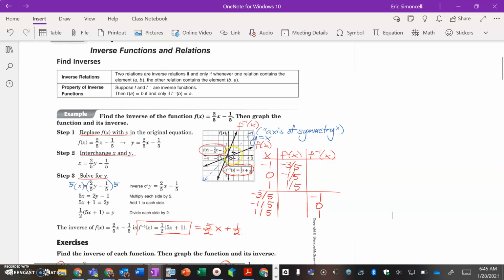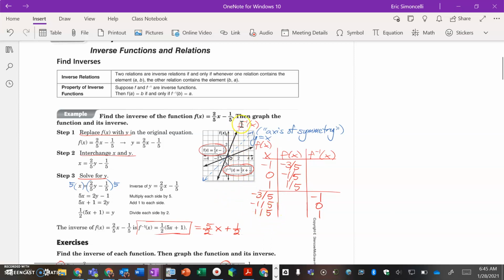Notice if you were to in fact switch 1 and 1/5 such that it's 1/5 comma 1, on the other function, the inverse, is about right there. 1/5 comma 1. I'm kind of highlighting it with the top of my cursor here.